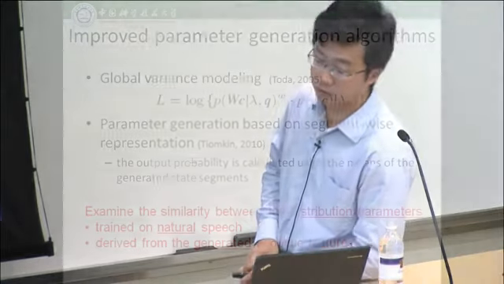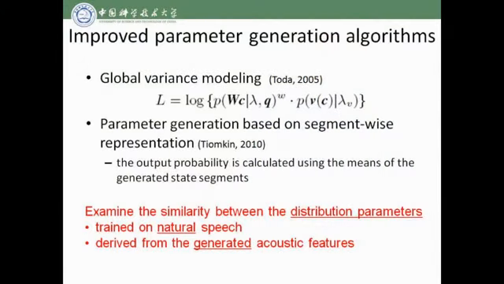Many improved methods have been proposed to try to solve this kind of problem. I think the most successful one is global variance modeling. In this method, we calculate the sentence-level variance of acoustic features for each training sentence. Then we estimate a single Gaussian distribution, lambda v, for this global variance.